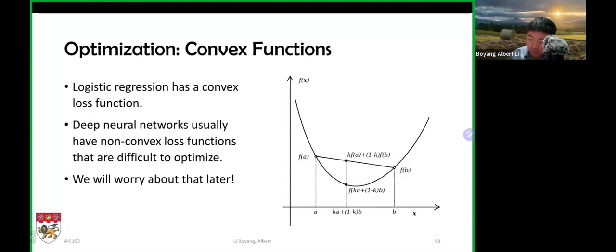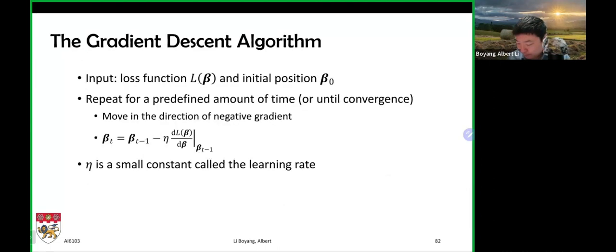So it turns out logistic regression does have a convex loss function, so its optimum is pretty easy to find, but deep neural networks typically do not have convex loss functions, and it can be pretty difficult to optimize. But that is for another lecture, and we will discuss optimization in more depth.